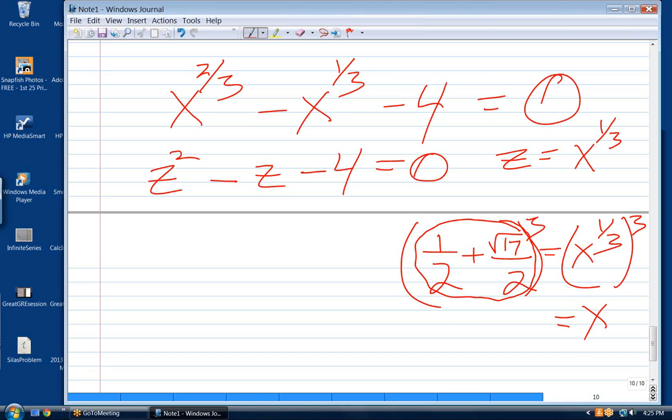And then let's look at the negative answer that we got. Now, is that going to present any problems? Yeah, because this is a negative number, right? Square root of 17 is greater than 4. So this whole thing is going to be a negative number.